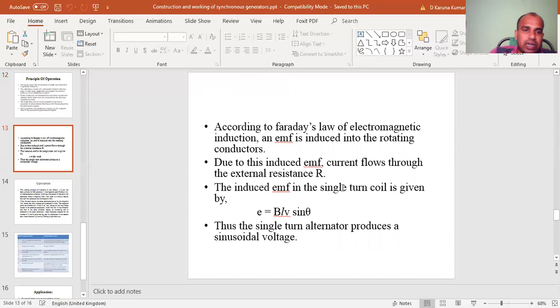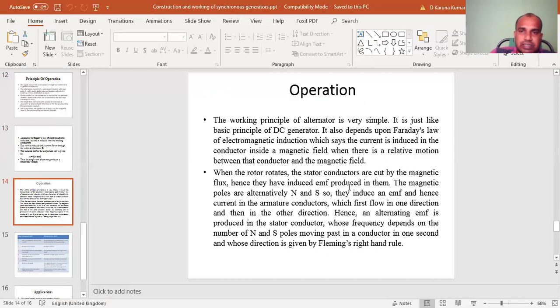The magnetic poles alternate between north pole and south pole. The induced EMF, and hence the current in the armature conductors, first flows in one direction and then in the other direction. This is the alternating EMF produced in the stator conductor, whose frequency depends upon the number of north and south poles moving past a conductor per second, and whose direction is given by Fleming's right hand rule.